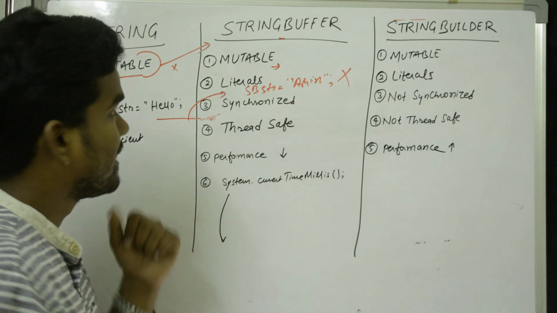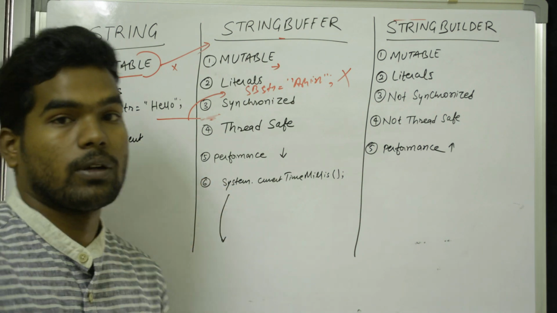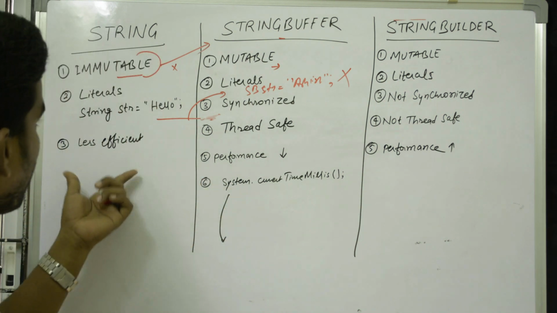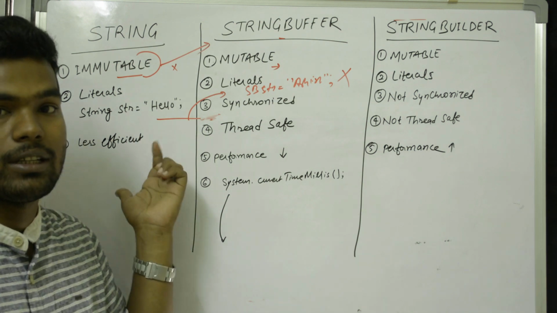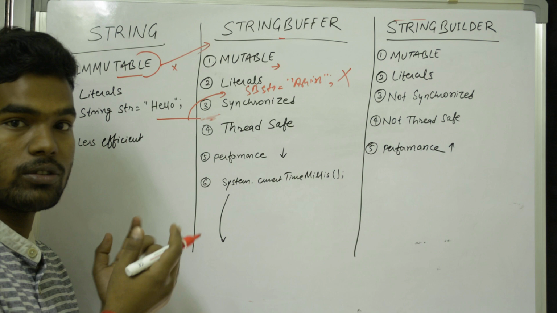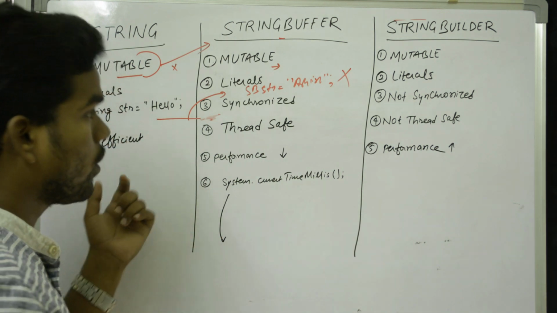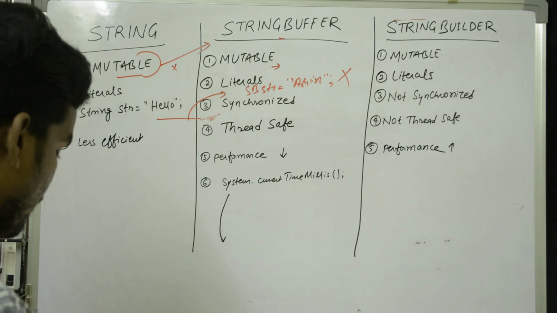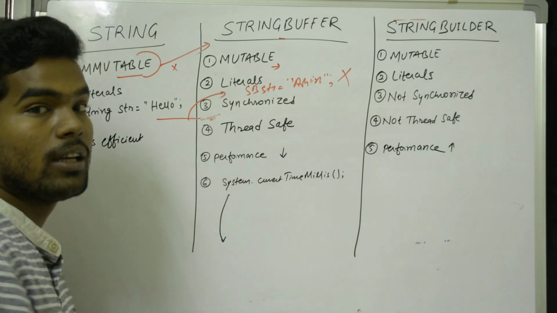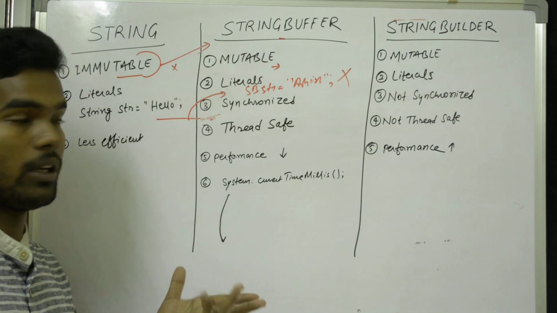Third, a String is considered less efficient compared to a StringBuffer. Why? Because whenever we create a new object using string literals, it has to check inside the string constant pool first, then it will create the new object. If the content is already there, it will not create, it will only reference that object.